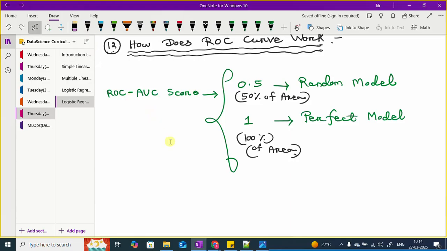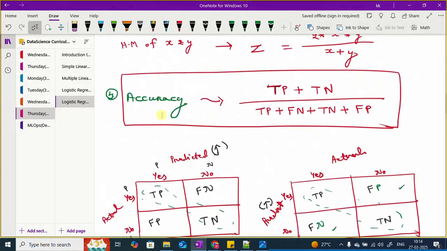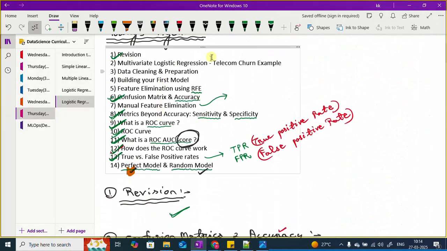Now the time has come to see how a perfect model looks like and how a random model looks like. Now we'll discuss the 14th point, that is perfect model and random model.